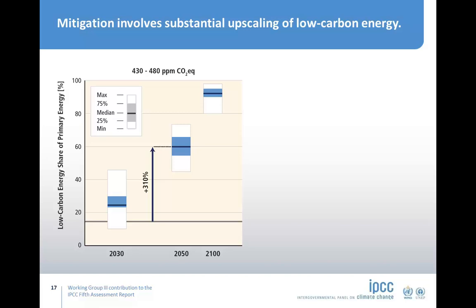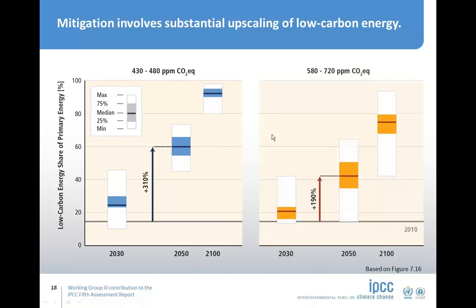So, mitigation involves substantial upscaling of low carbon energy. We cannot achieve this unless we start increasing our low carbon energy production. And that's what this graph is really just trying to say. Comparing that, we've got 2 examples here. This is our best scenario, our 2 degree scenario, and this is our 3 degree scenario.